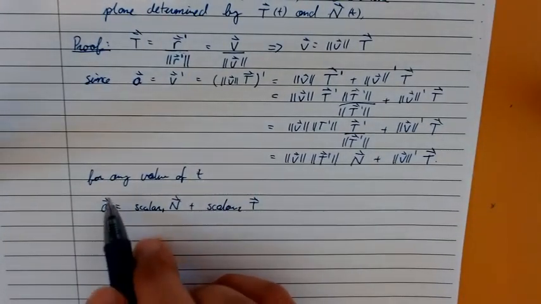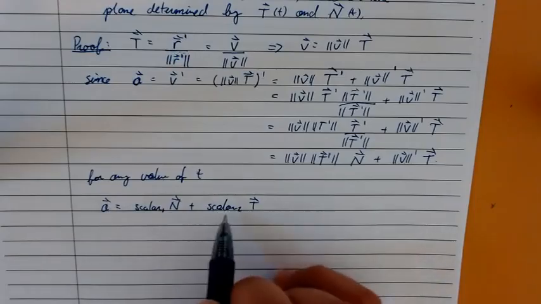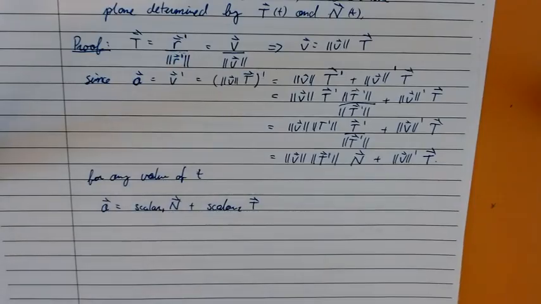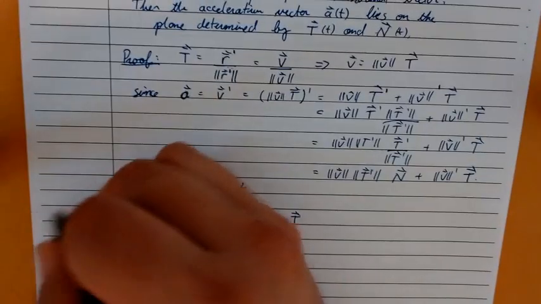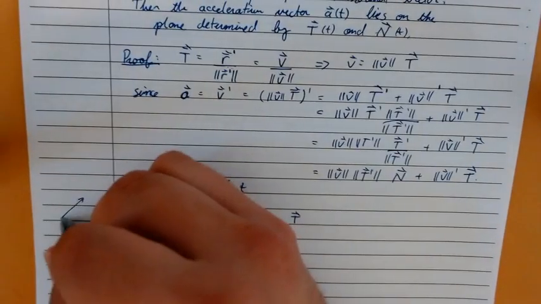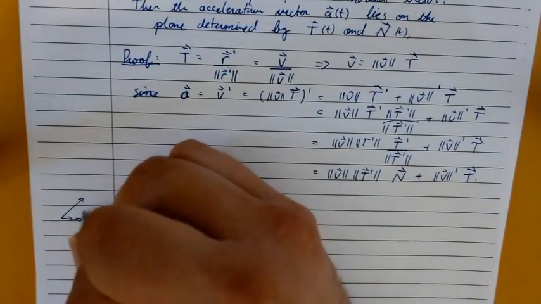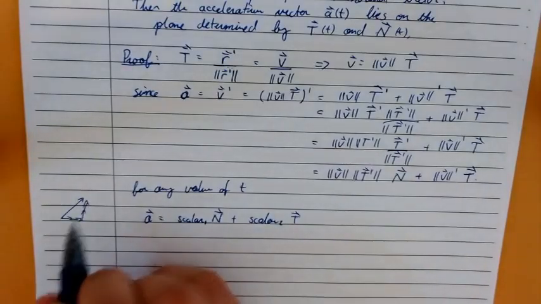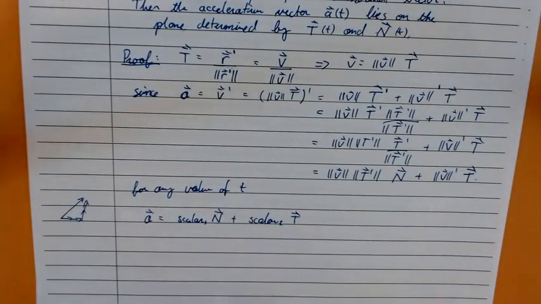Oh, but then that means that a is just a linear combination of n and t. So whatever a is can be made up of copies of n and copies of t added together. That must mean that they're all on the same plane.